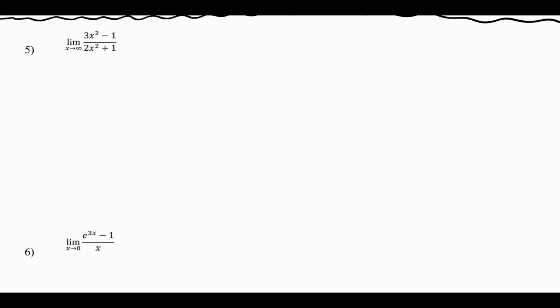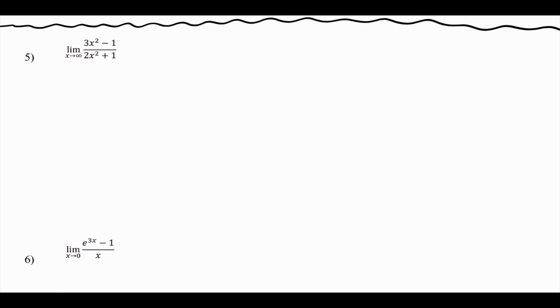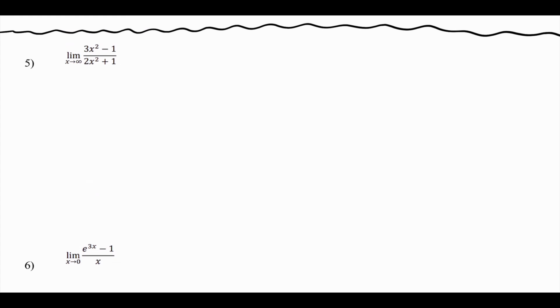What was our process anytime we had something with infinity, as x approaches infinity, like number 5 or number 8?